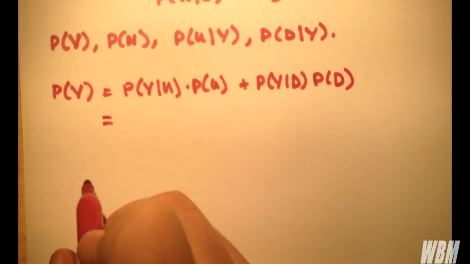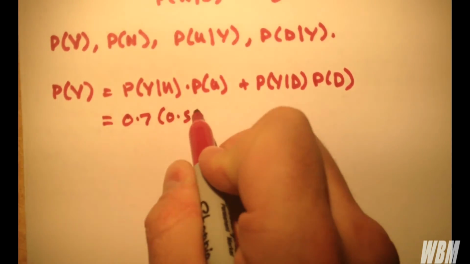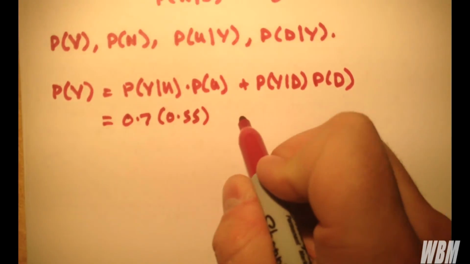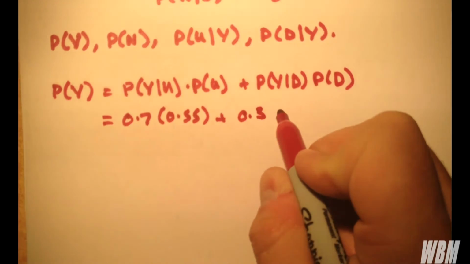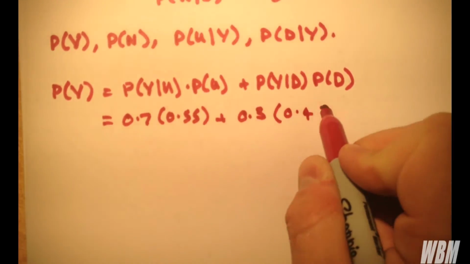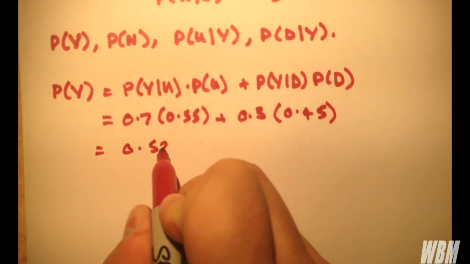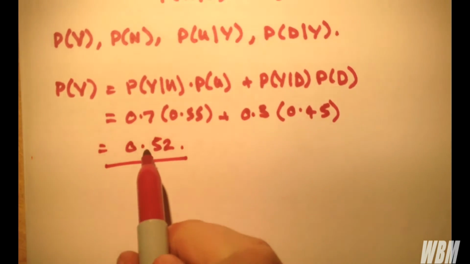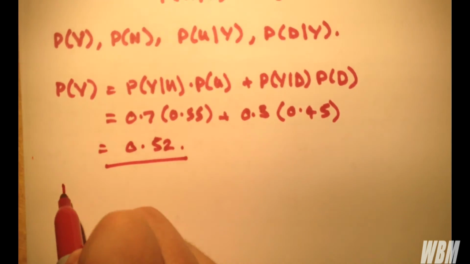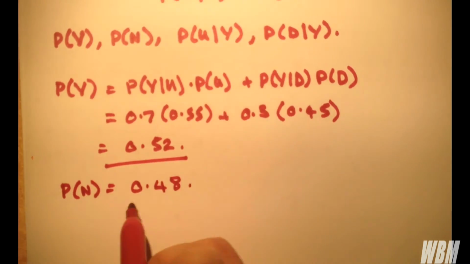If we just plug in the values, we have 0.7 times 0.55 plus 0.3, which is 1 minus what we spoke about just a bit earlier, times 0.45, which gives us 0.52. Now of course if the probability of yes is 0.52, then the probability of no is 0.48.